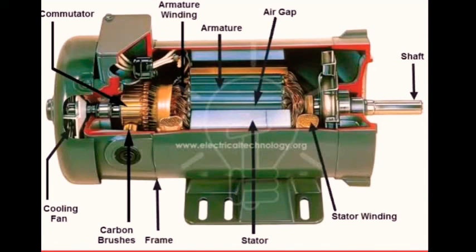Means in any type of machine, alternating current or alternating voltage is induced in the system, but at output if we require direct current, we use the commutator to convert AC into DC, and we collect current by using brushes at the end in case of a generator.